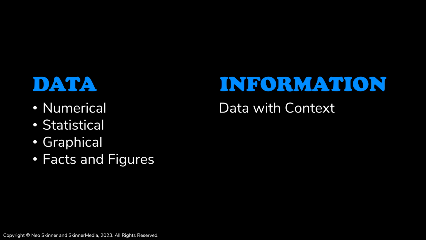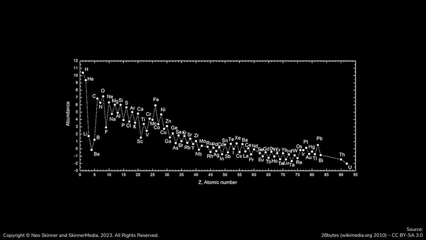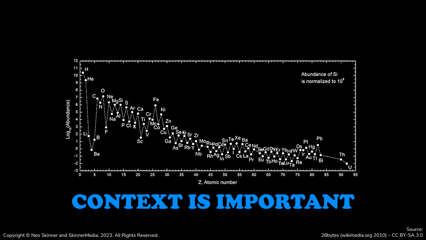For example, this is a graph which shows the abundance of different chemical elements. This is an example of data. We're not given a great deal of context on this graph about what it's actually showing us and how the data may have been manipulated. Here is the context that goes with this graph. You can see that the abundance has actually been put into a logarithm of base 10, and that the abundance of silicon has been normalised to 10 to the power of 6.